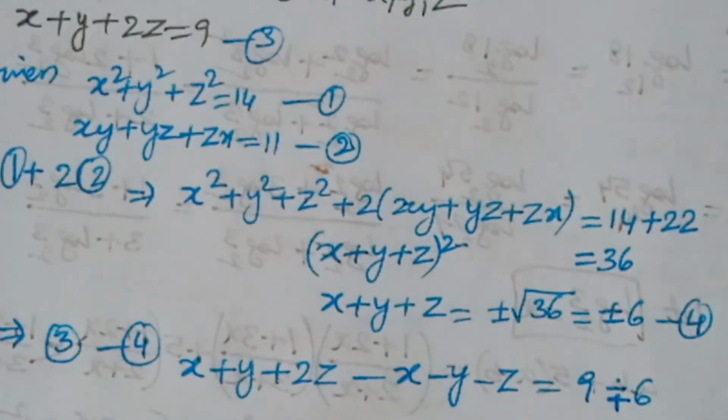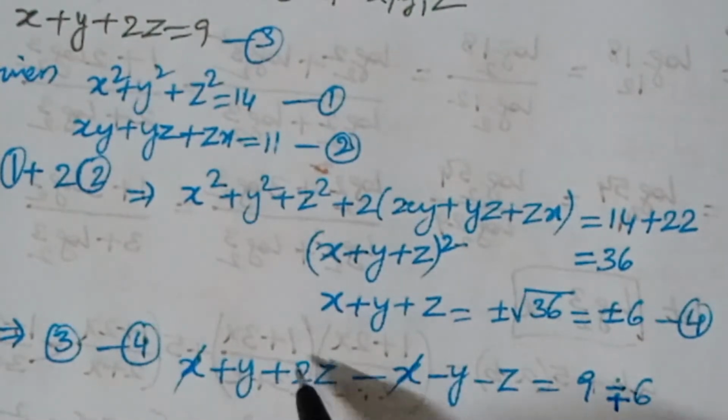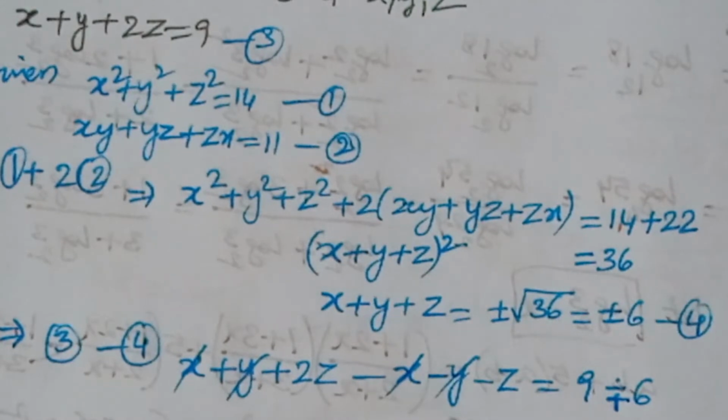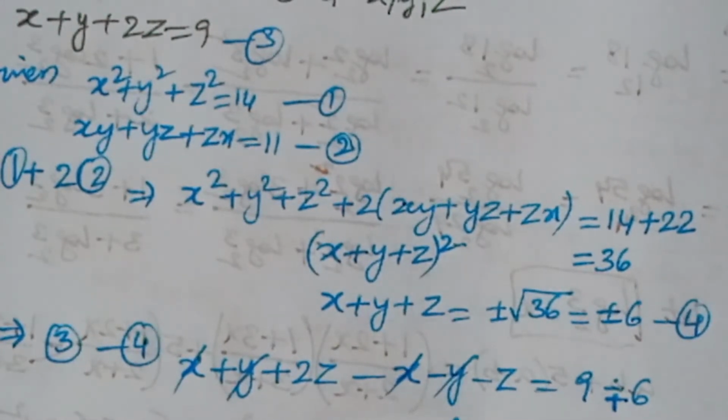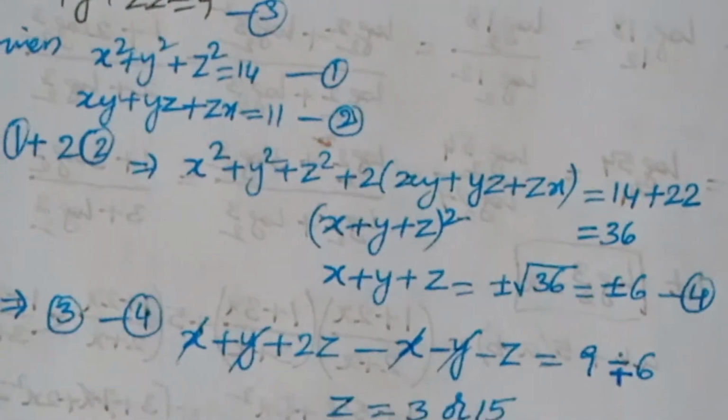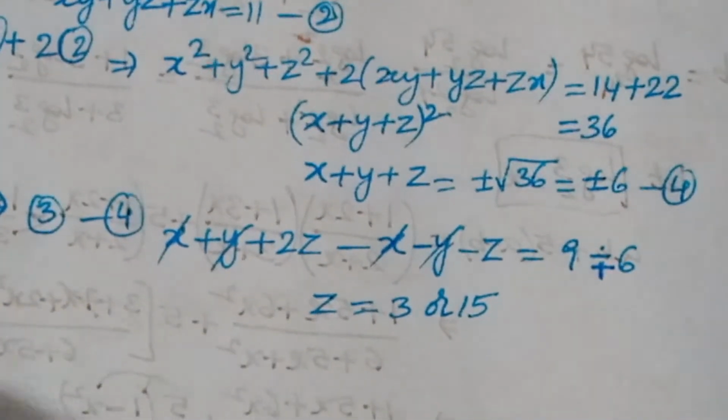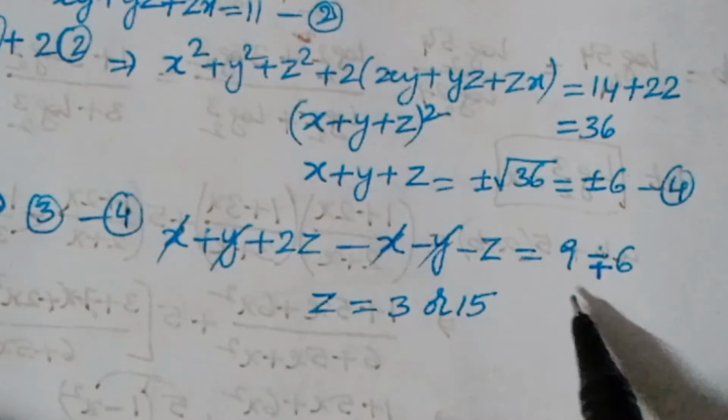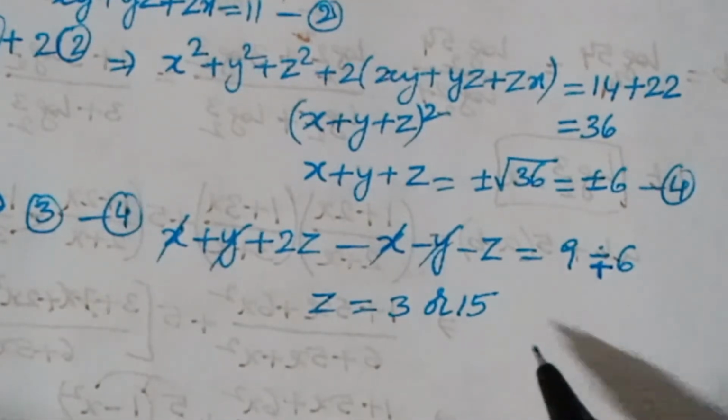Here x gets cancelled, y gets cancelled, and z = 3 or 15. 9 minus 6 is 3, 9 plus 6 is 15.